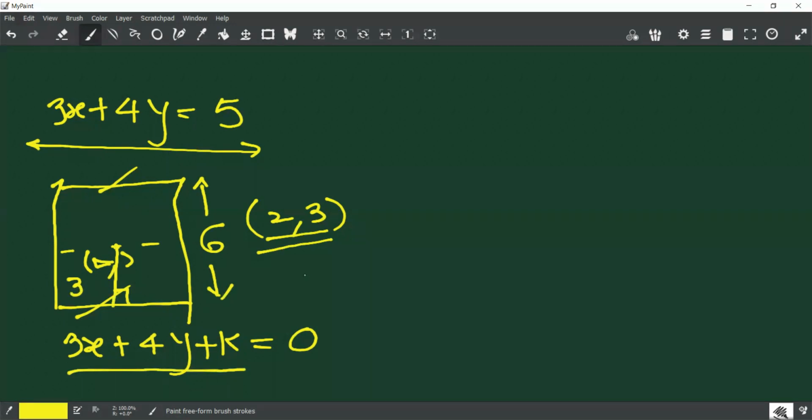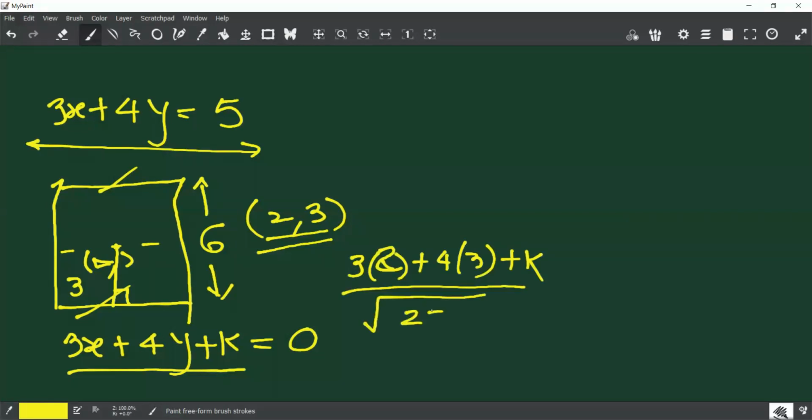So it is 3 into 2 plus 4 into 3 plus k upon root of 3 square plus 4 square, which is 25, mod of this will give you the value of this perpendicular distance. Are you getting it?